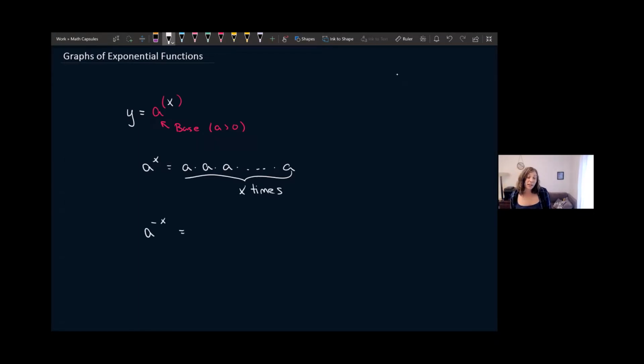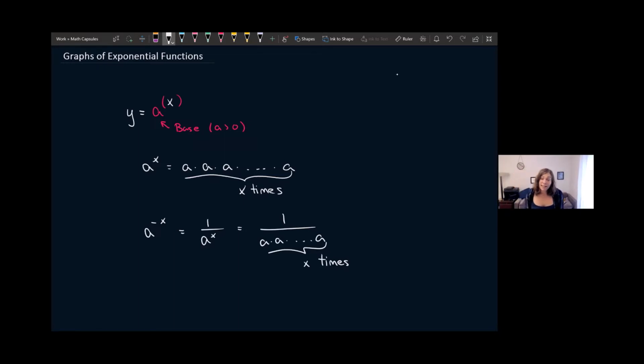If we have a negative exponent, that is going to create a reciprocal. So you could say a to the negative x is actually the same thing as 1 over a to the positive version of x. And then again, if x is a whole number, this would be 1 over a times itself, x times.